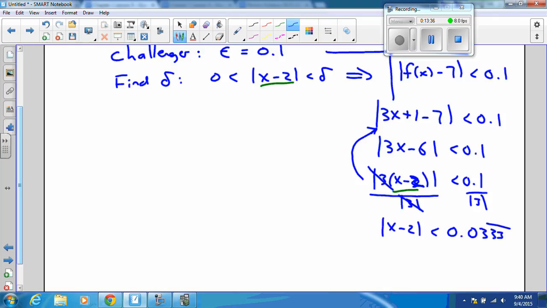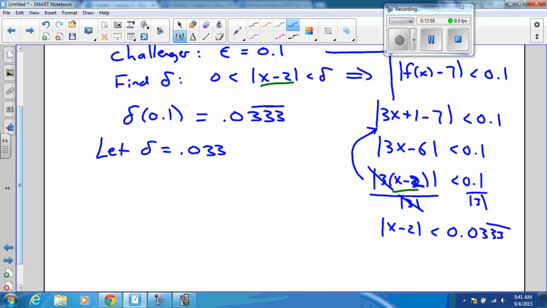And 3 times x minus 2 is 3x plus 1 minus 7. Aha! We have found a delta. Specifically, delta for an epsilon of 0.1 can be 0.033 repeating. And so now we say, let's reverse those steps.